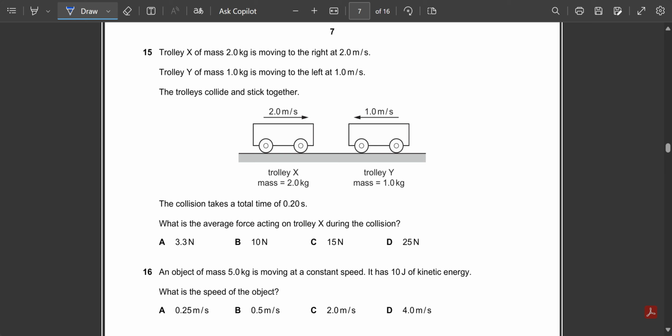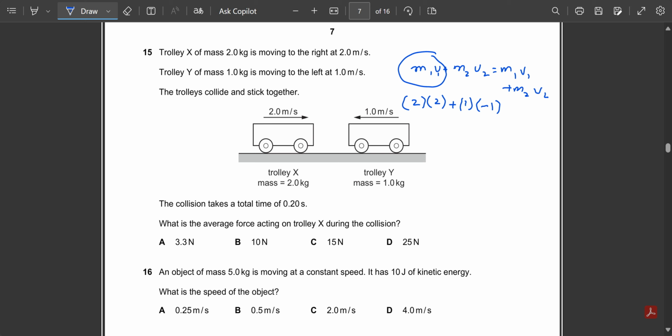So first of all, we're going to apply m1 u1 plus m2 u2 is equal to m1 v1 plus m2 v2. This is the initial momentum of X, which has a mass of 2 and a velocity of 2 as well. Y is traveling with a mass of 1, but it is traveling in the opposite direction, so I should make it minus 1 because these are velocities.